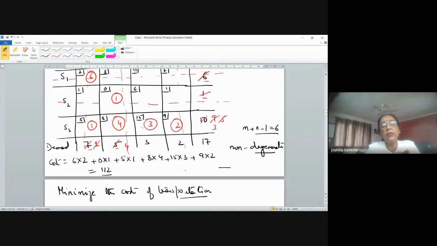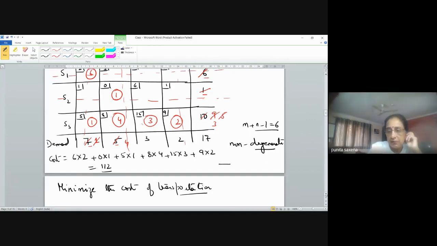But if I start with least cost method as initial, obviously I will reach my optimal solution quickly as compared to northwest. So that is why we say that least cost is better than northwest, because it is leading us to our optimal solution in less number of steps compared to the other. Okay, so this is what least cost method is.